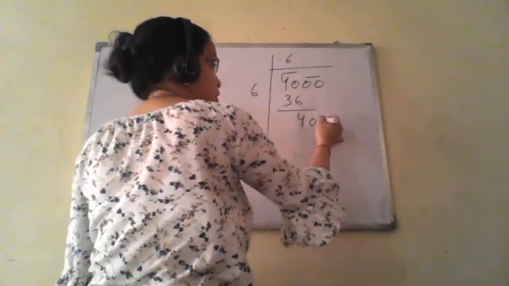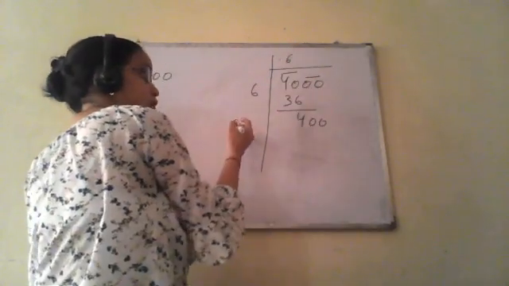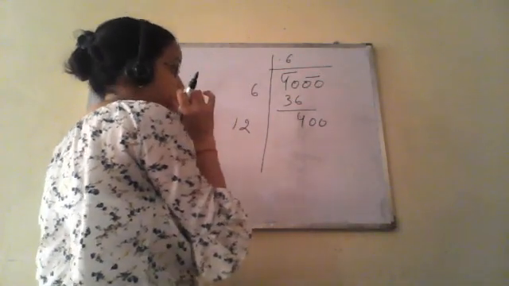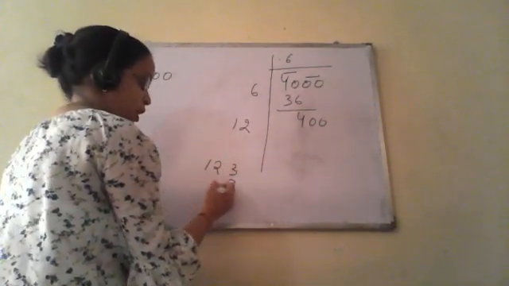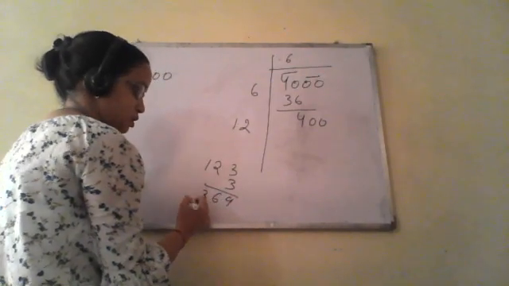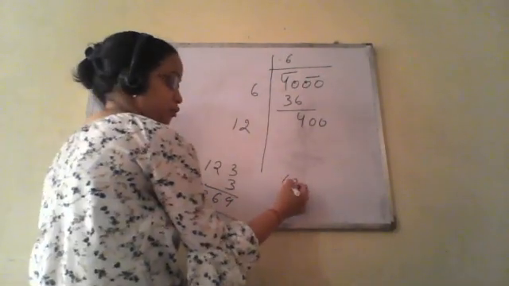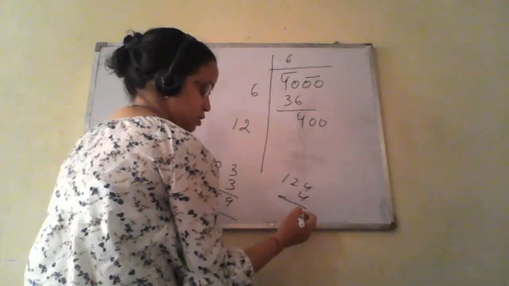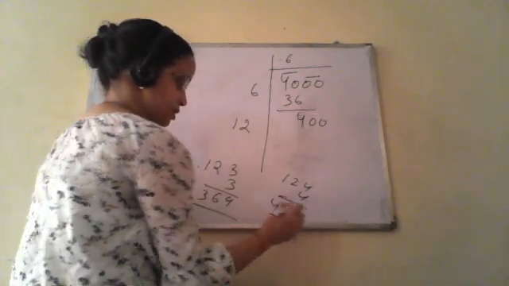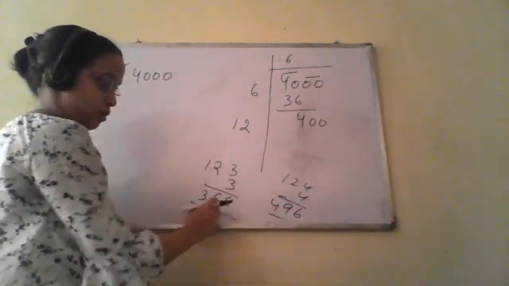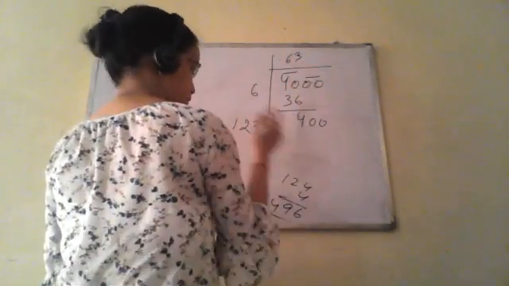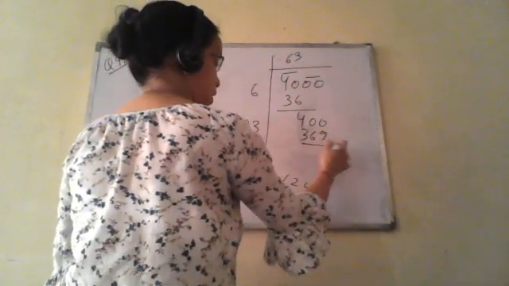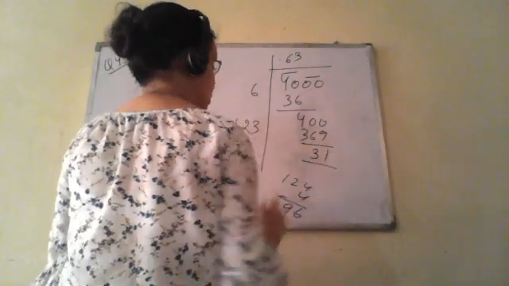So we will write that, and double of 6 is 12. Now what can this be? 123 times 3 is 369, and if we look for 4, this will be 496. So we cannot take this 496, we have to go with 369. This is 369, and 31 is the remainder.